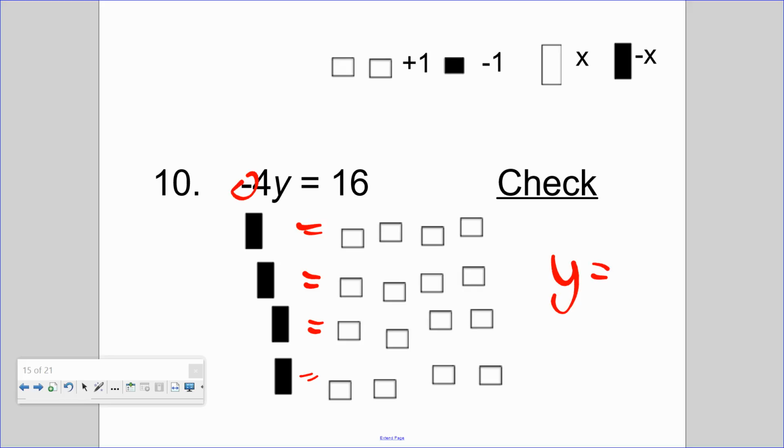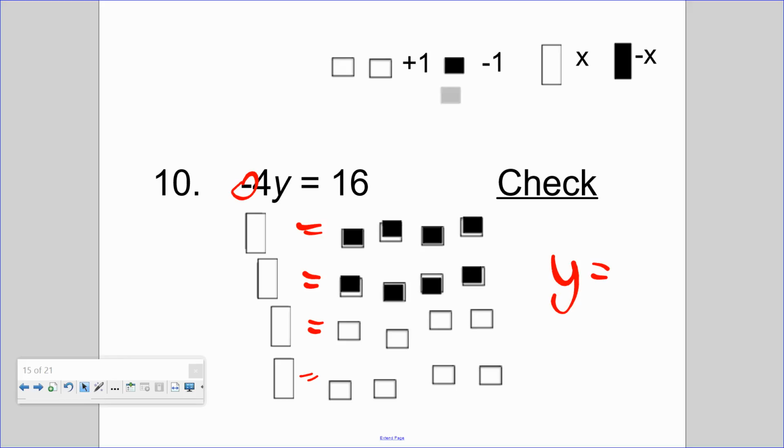So do the opposite of. So if I flip it around, it seems like each y will equal -4.